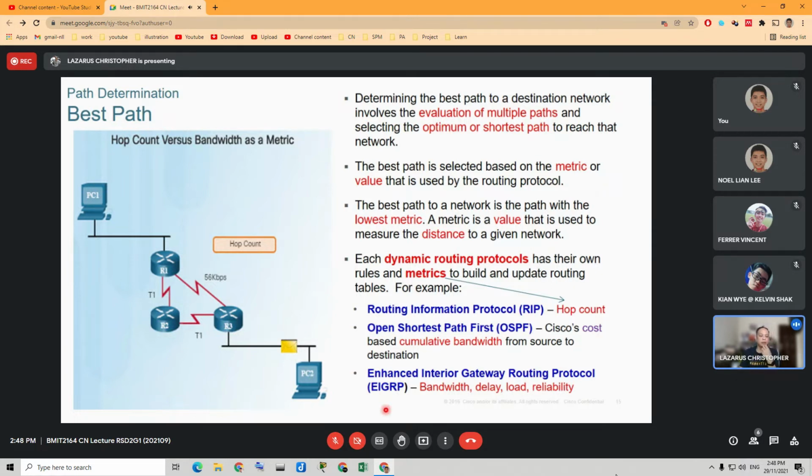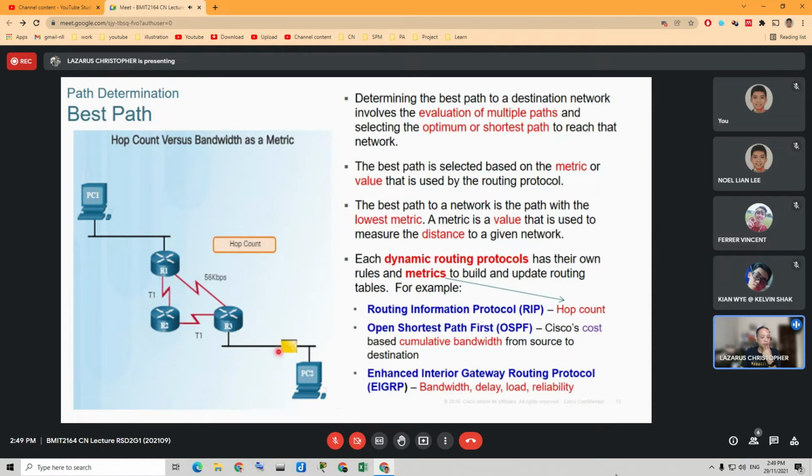But as computer science people, we always like to have acronym names like this. In any case, RIP uses hop count as the metric to decide. The router will look at the hop count for this path. But for OSPF, the router will look at the cumulative bandwidth from source to destination.